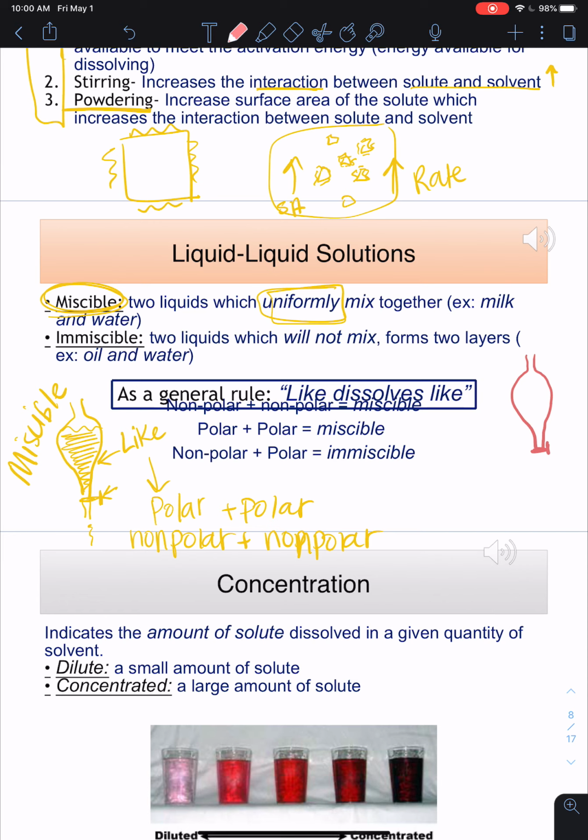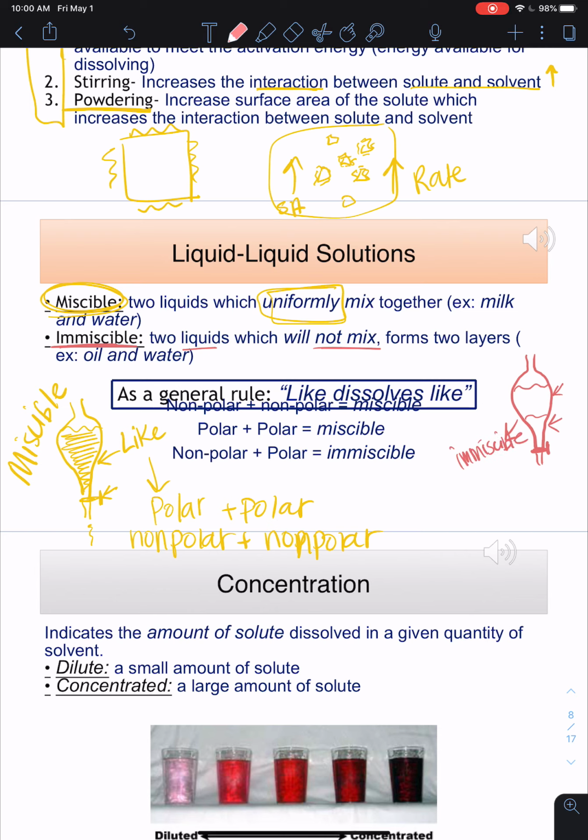Okay, when it is immiscible, that means that we have two liquids that will not mix. So this is really what we like when we're talking about separatory funnels, because basically you get a nonpolar and you get a polar. So you have a solution and then you'll have a line, to where you can clearly see one from the other. Okay, so this is immiscible.